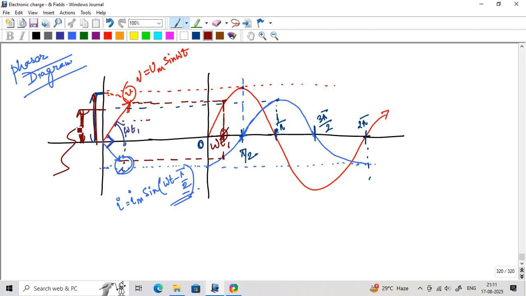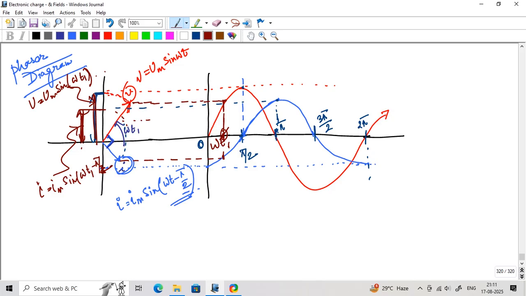The current here is I equal to Im sine omega t1 minus pi by 2, and here V equal to Vm sine omega t1. Because these are full cycles, this line and this line are the same.